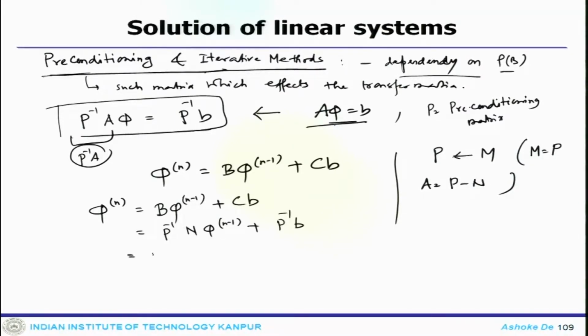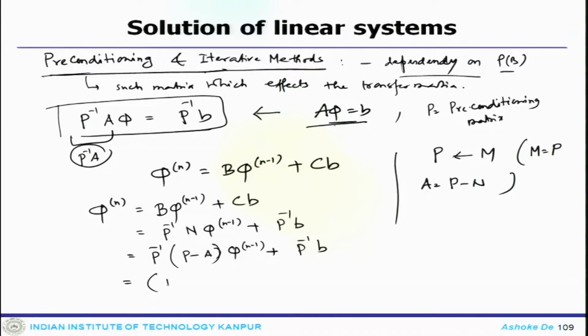Now, N is P minus A, so this becomes the identity minus P inverse A times phi n minus 1 plus P inverse b.